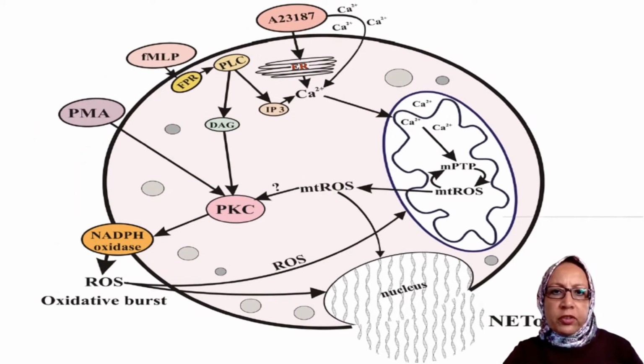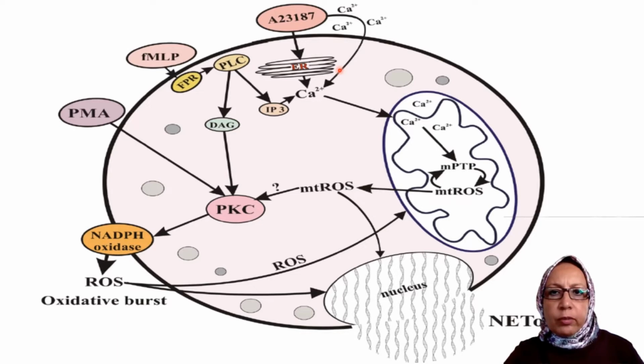So A23187 will lead to transferring of calcium from the endoplasmic reticulum to the outside, and this will result in CRAC, or calcium release-activated channels, being activated.